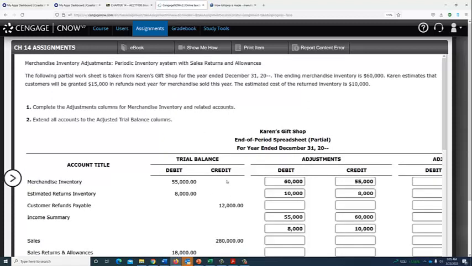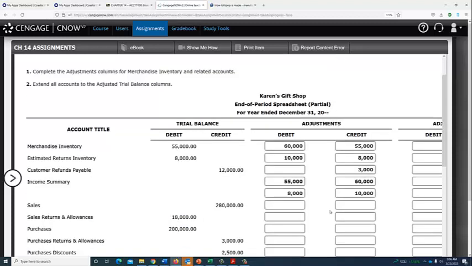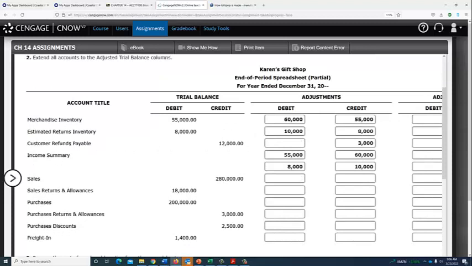So I need to credit for $3,000 more to bring the figure up to $15,000. Okay, and remember, this represents the refunds at retail. So our offsetting account for customer refunds payable, the debit is going to be sales returns and allowances.